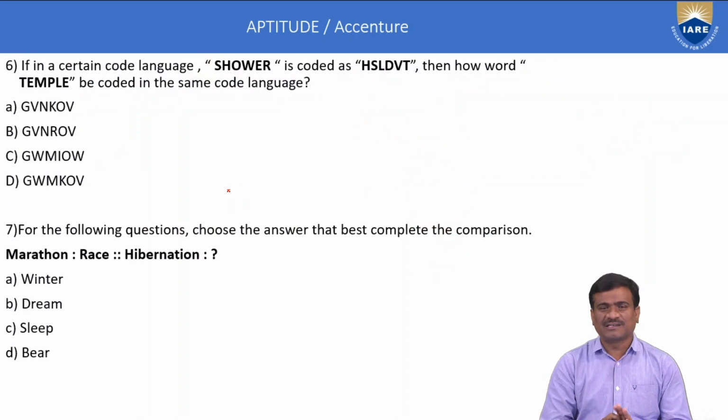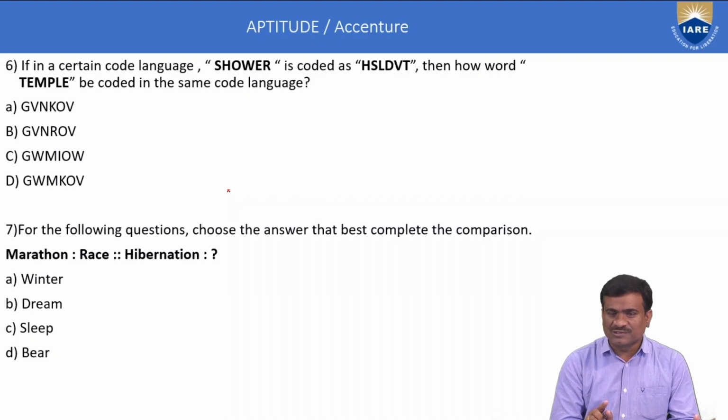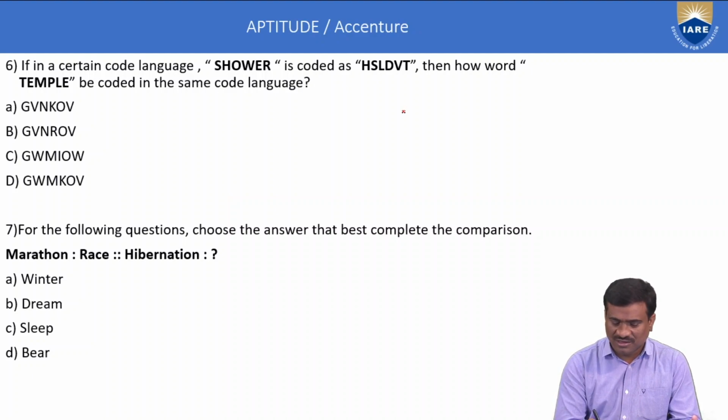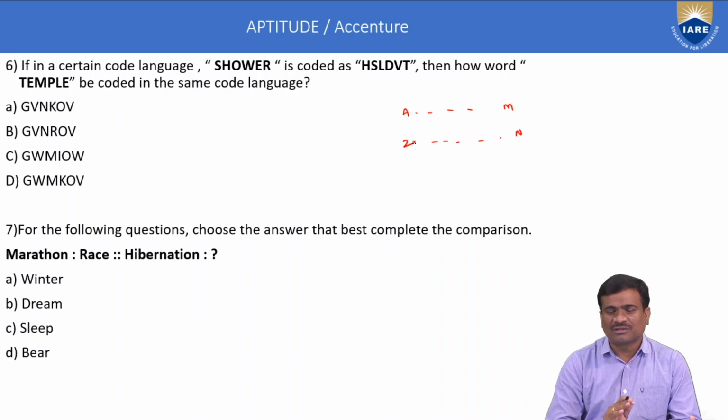Next, the sixth example, coding and decoding concept. Coding and decoding using only the alphabetical letters in English. Important concept here: A and so on, M, N and so on, Z. 26 letters.